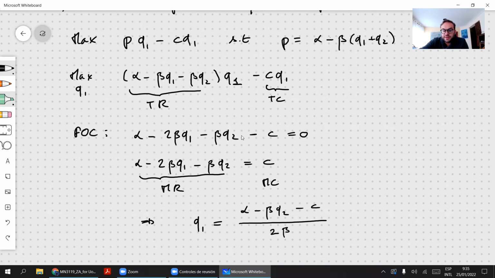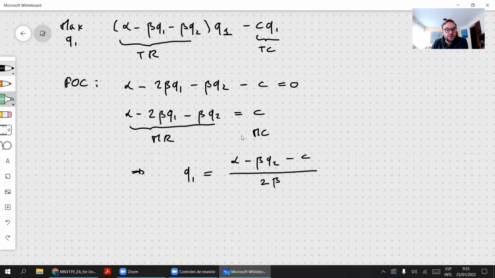Okay, so we have this, and this is our best response function. So this is the best response of firm one, which is a function of whatever firm two is doing. And as you can see, if the other firm is increasing its production, I'm going to reduce mine, right?